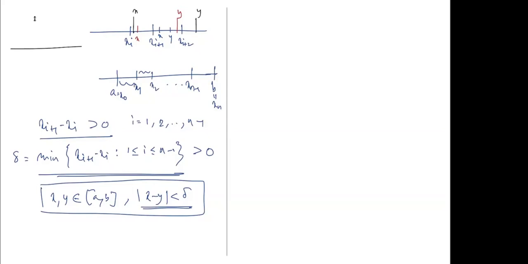Because if x is here, let's say, and y is here, then y minus x would be strictly greater than x_{i+2} minus x_{i+1}, which is greater than or equal to delta.